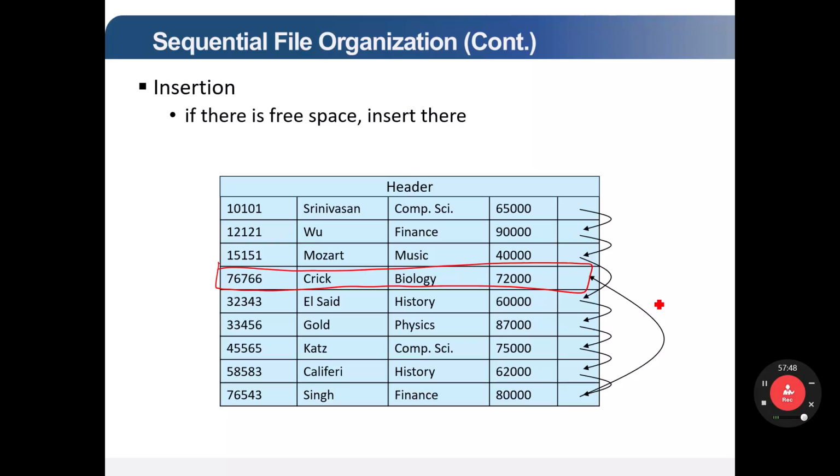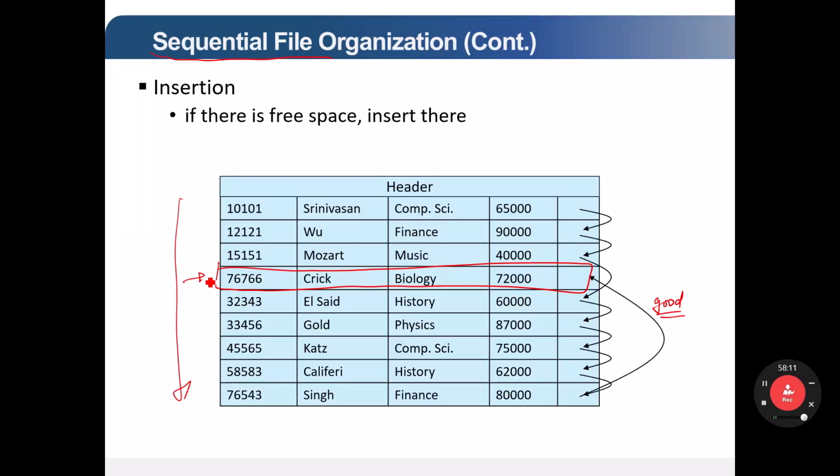But this is not good. If possible, these records must be stored in sorted order to avoid random accesses. The main reason why we use this sequential file format is because disks are fast for sequential access. So if possible, they should be sorted.